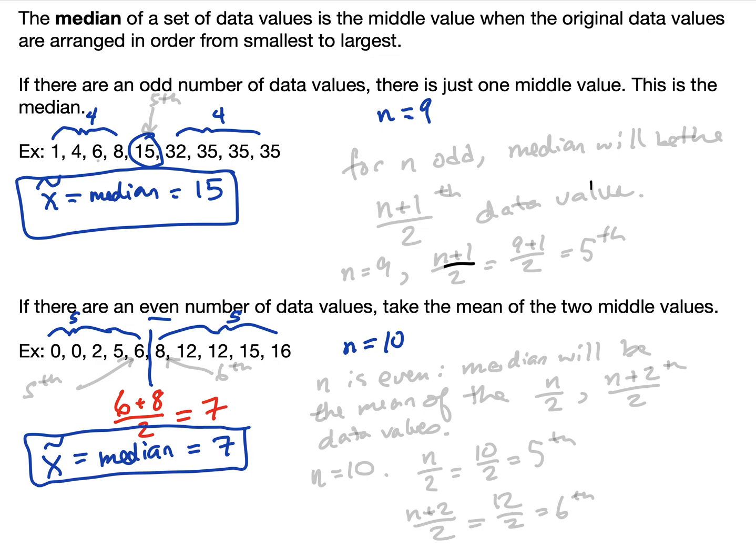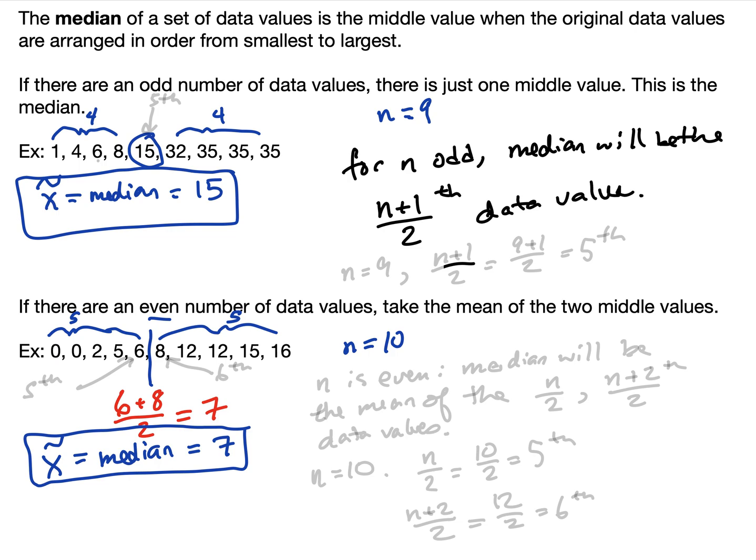Okay, so there is a formula that we could use to figure out what the median is in each case in terms of the sample size n. In particular, for n being an odd number, like 9, the median will be the (n plus 1)/2th data value when the data is arranged in order.